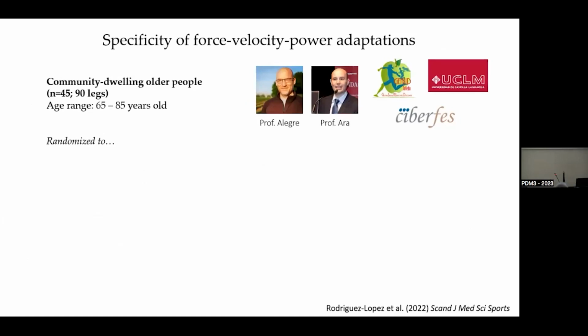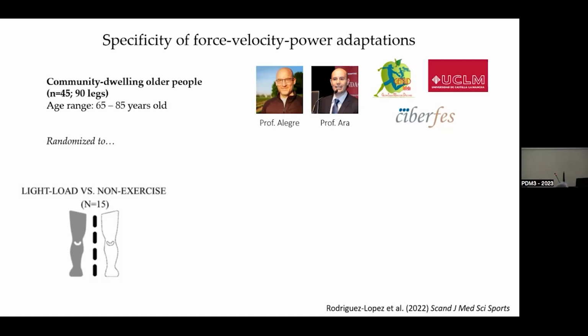And finally, about the specificity of force, velocity, and power adaptations, because we saw that there are different force-velocity profiles that might be treated differently. In this case, 45 community-dwelling older people, and I say also 90 legs, because this was a unilateral resistance training design.